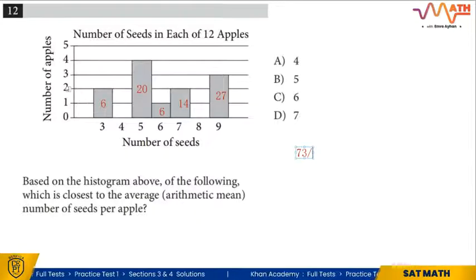We have plus 4, 6, plus 1, 7, plus 2, 9, plus 3, 9, 7, 5, close to the 6.